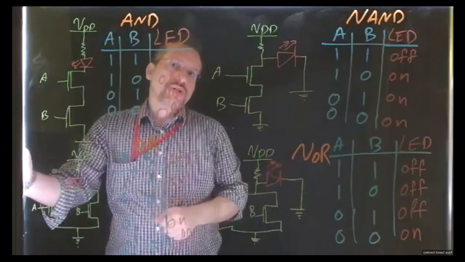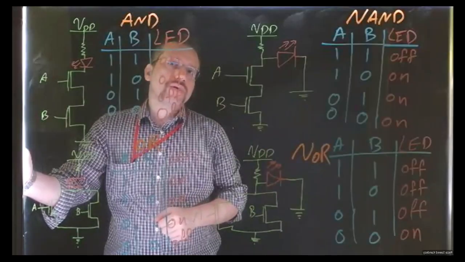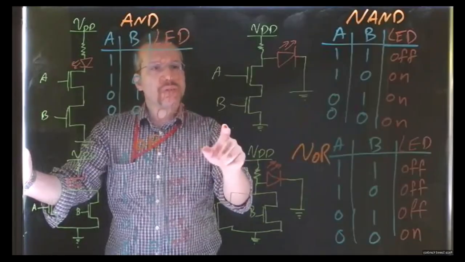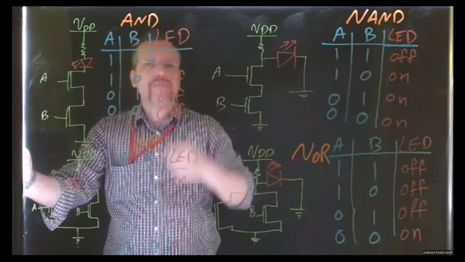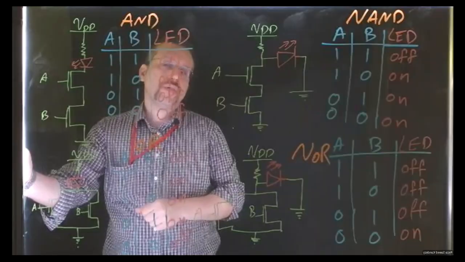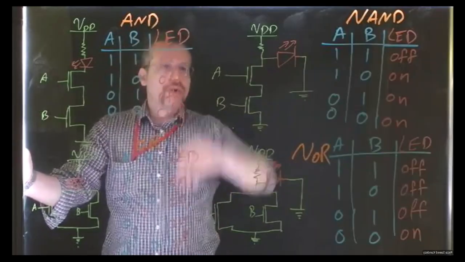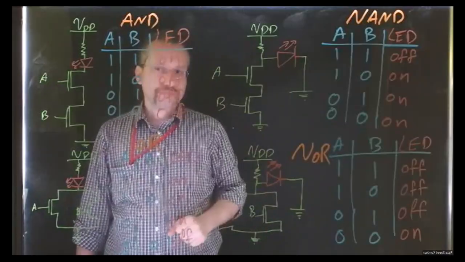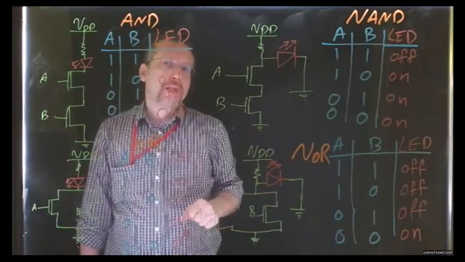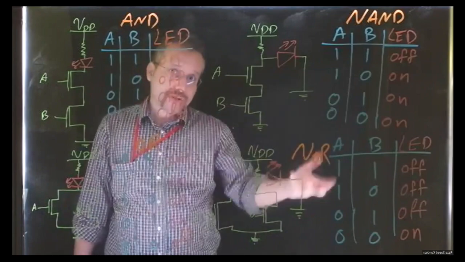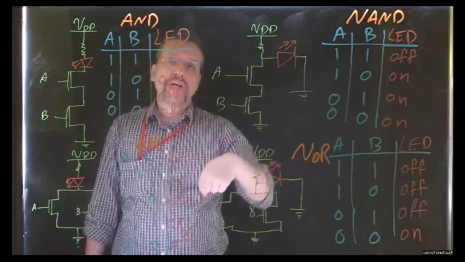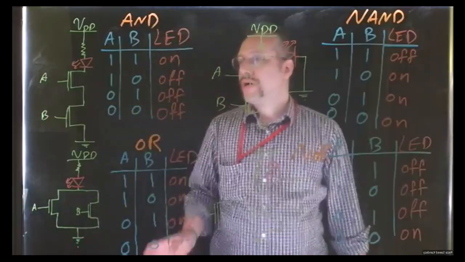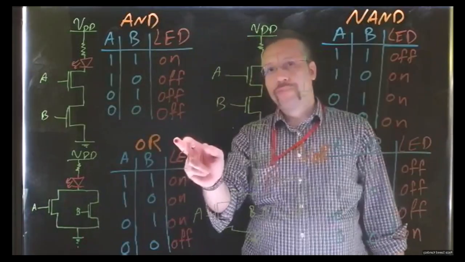All of those logic circuits could also be built with a combination of NMOS and PMOS, or with NMOS alone. So I encourage you to search on that and learn how to build other logic circuits from MOSFETs and actually test them. Now, in our exercise, we are going to focus on AND and OR.